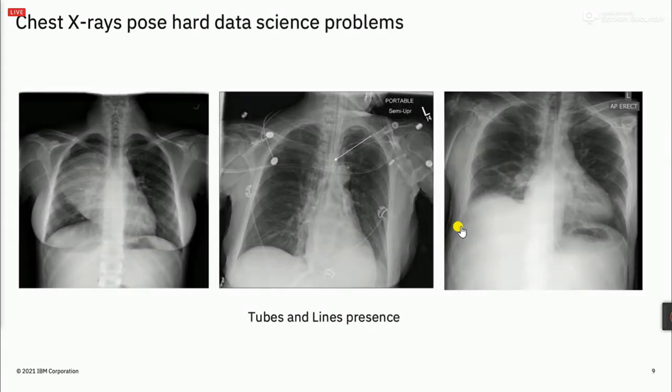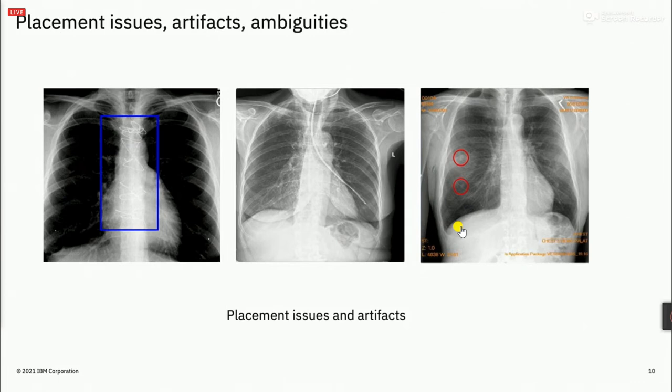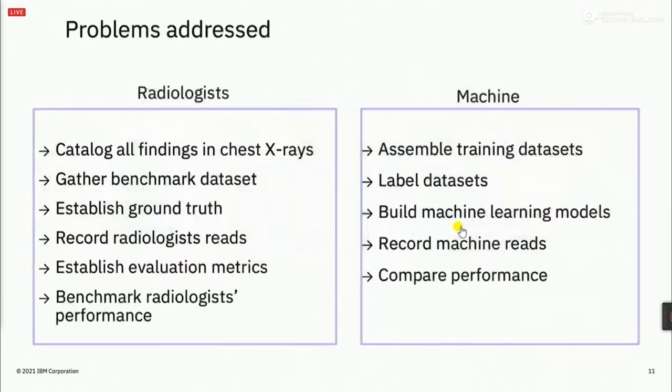Then you look at tubes and lines that may be present, particularly if you're in an AP at an in-hospital environment, whether the lines and tubes are placed, and what type of line and tube it is. Is it a nasogastric tube, or is it an IJ line, or a Swan-Ganz catheter? Then you need to know whether there are any implants and things that you may want to interpret from opacities to distinguish between whether there's a nodule or it's just an opacity of some other kind. So you can see that this is a very hard problem.